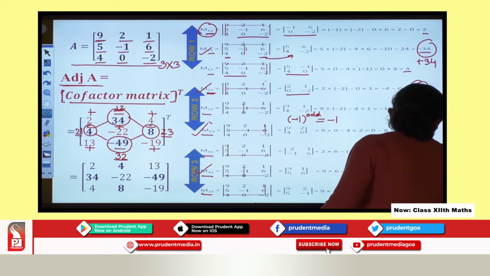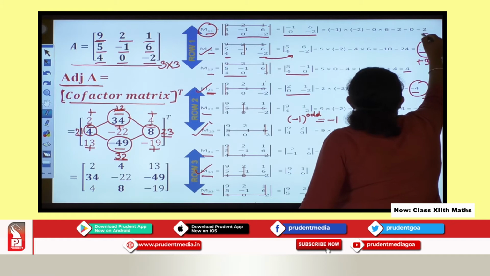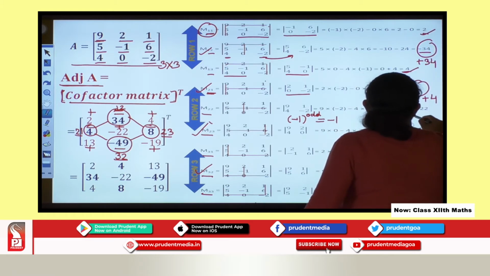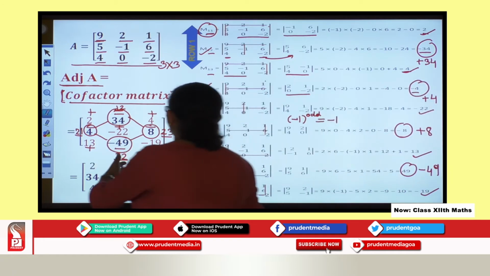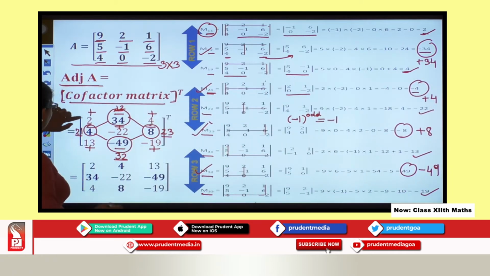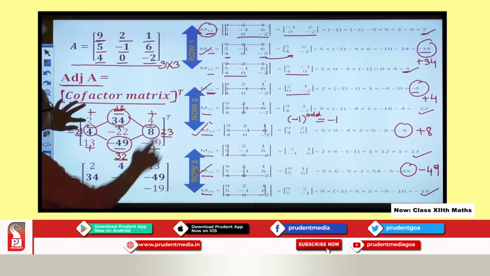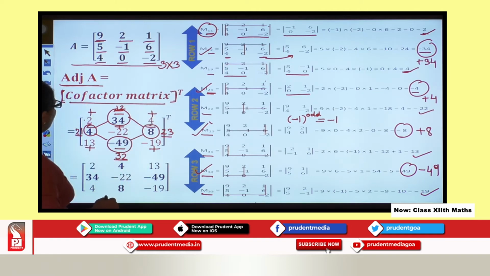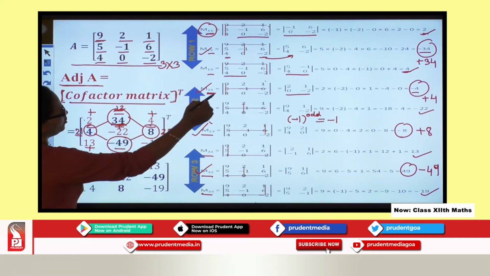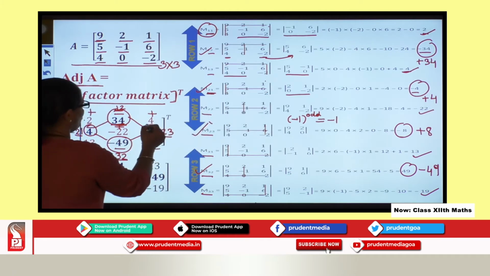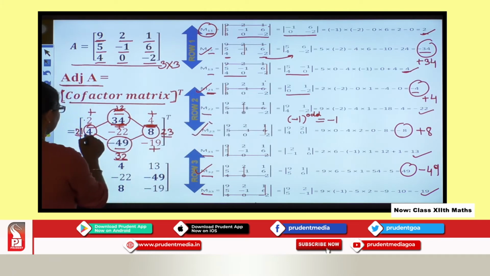So this 49 will become minus 49, and the rest of the values will remain the same. Okay, so I need to put them here in order. You can see here it's 2 as it is given there, then it is 34. I said it is plus 34, then there I said 4, so it remained as it is. Now at this position, the value will change.